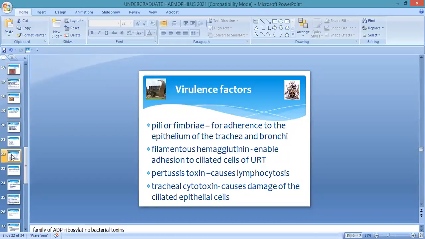Because remember, what I said about Haemophilus influenzae also, the respiratory tract is usually protected a lot, especially by cilia and also the mucous membrane. However, when you have an organism producing adhesins, attached to the mucosal membrane or even to the cilia, that allows for infections to occur.